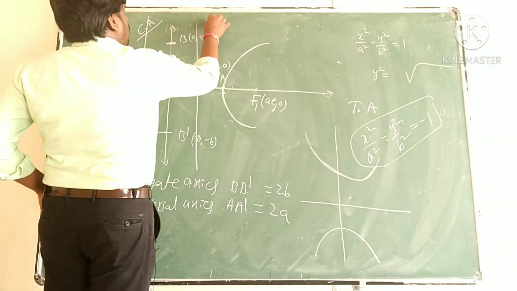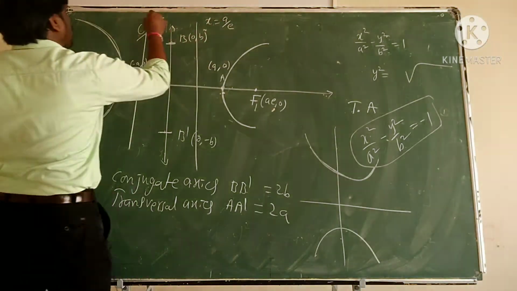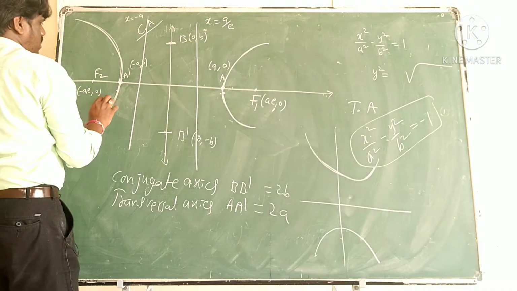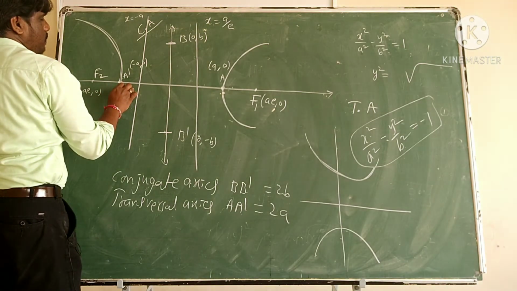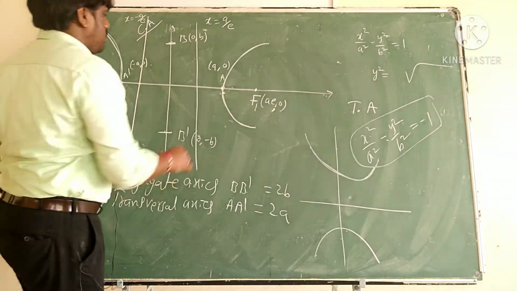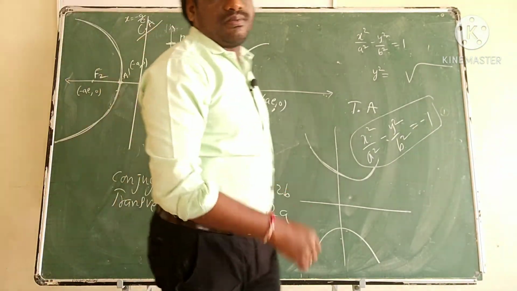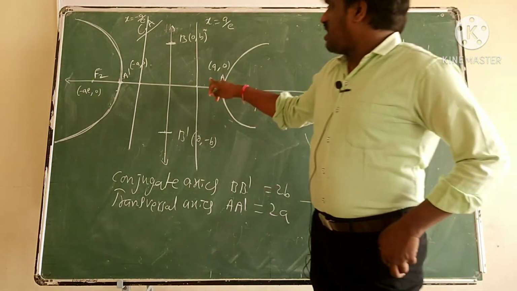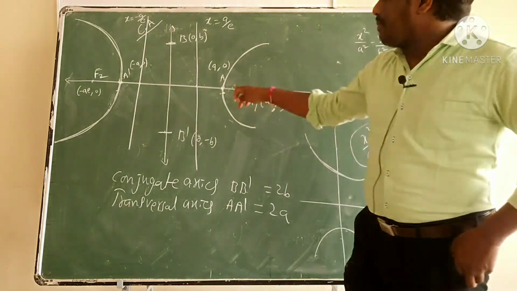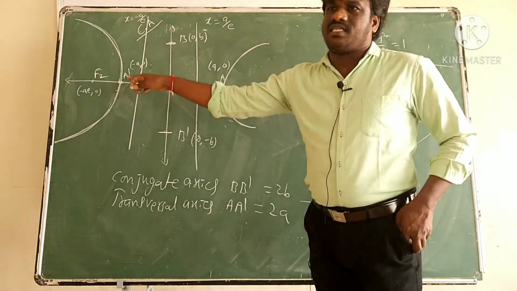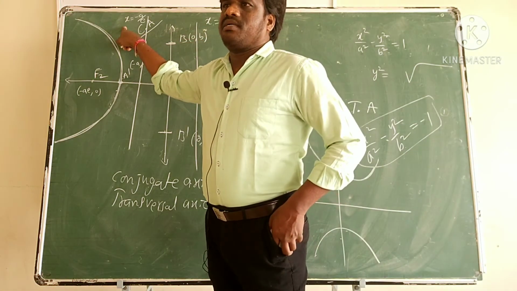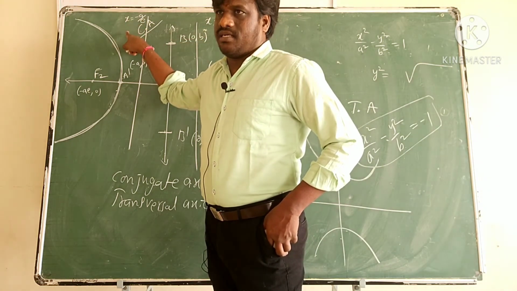This is x is equal to a by e, and this is x is equal to minus a by e. This point is a by e comma 0. So there will be two directrix lines on the hyperbola, one on this side and one on that side, with the names x is equal to a by e and x is equal to minus a by e.